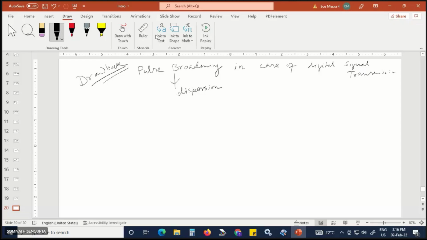In time domain, the actual signal that will be detected is the superposition of all these signals.